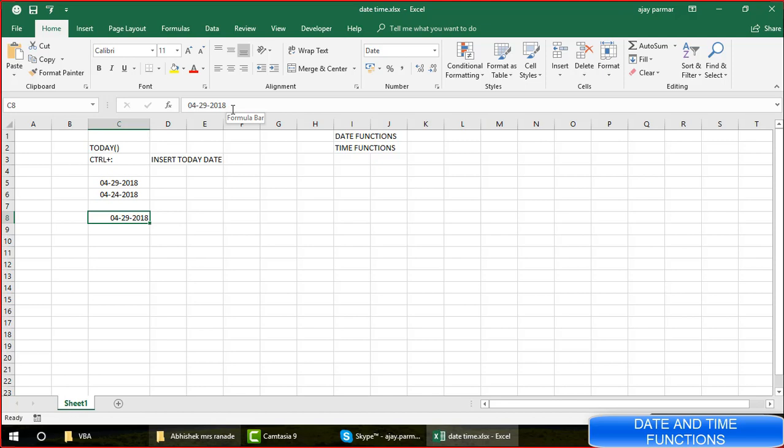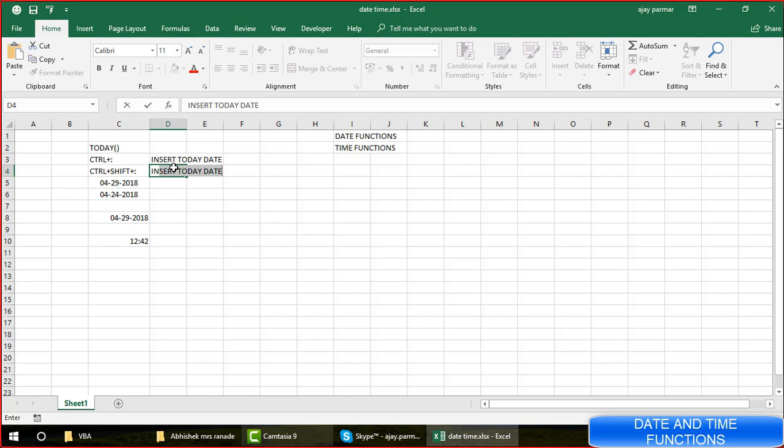Similarly, you should also know that if you press control shift colon, you will have the time. So if you need the time, you can use control shift colon to insert the present time, right?